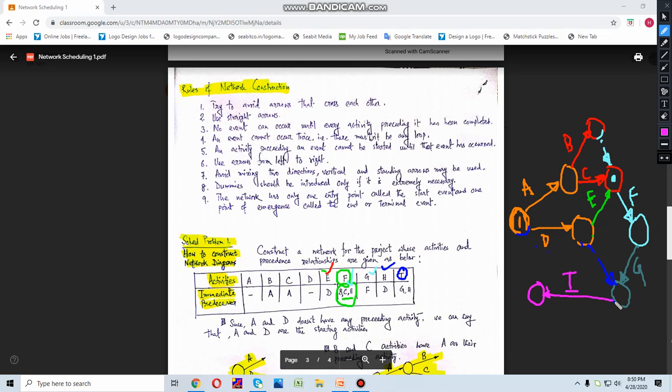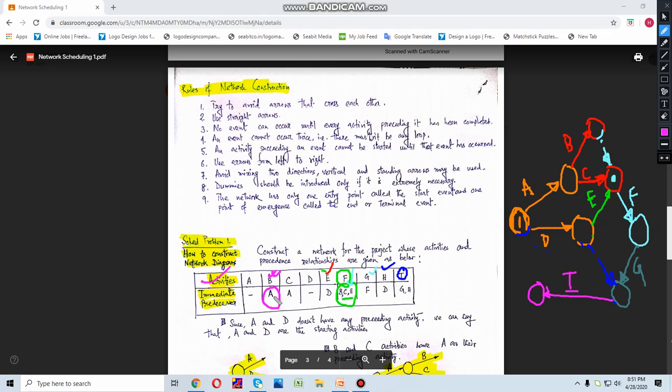So the thing you must understand is that if the relationship is given by the activities and their immediate predecessor, it suggests that the immediate predecessor is the activity from which these activities will be generated.